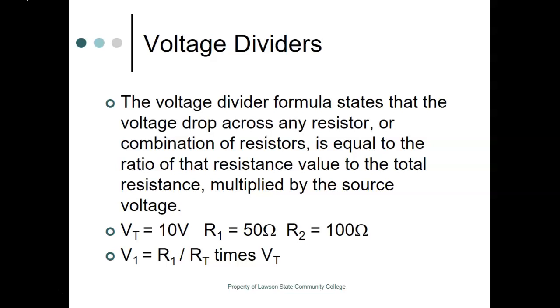For this one, they give us our voltage total as 10 volts. So we're going to multiply that by resistor 1, which is 50 ohms, and divide by 150 ohms, so that we can find what the voltage at R1 is going to be.